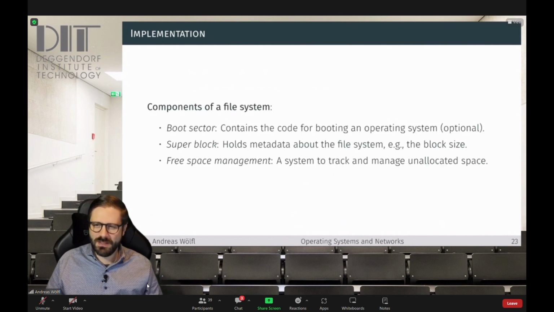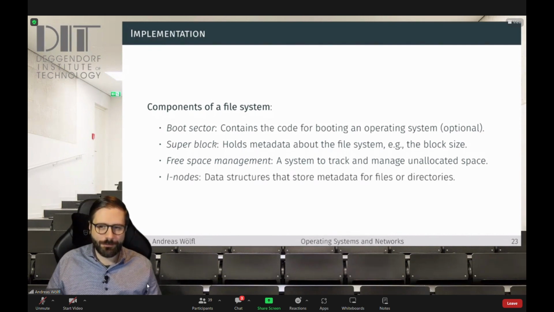Then free space management. It sounds trivial, but it in fact is not. Free space management is one of the core tasks of a file system, a system to track and manage unallocated space. And then obviously we want to store data in directories, so we organize our information in the form of files and directories. And an index to files and directories are the inodes.